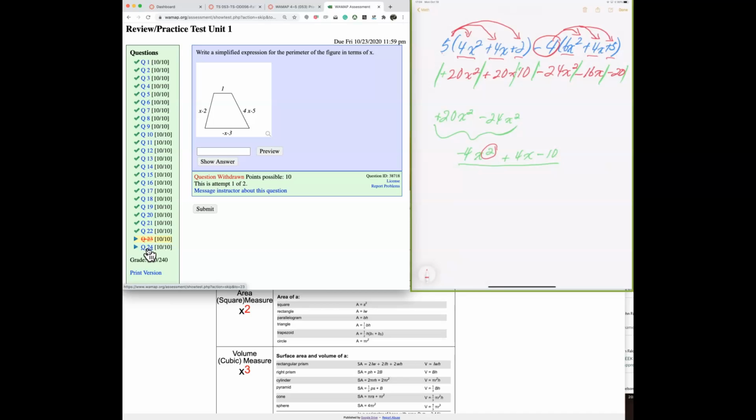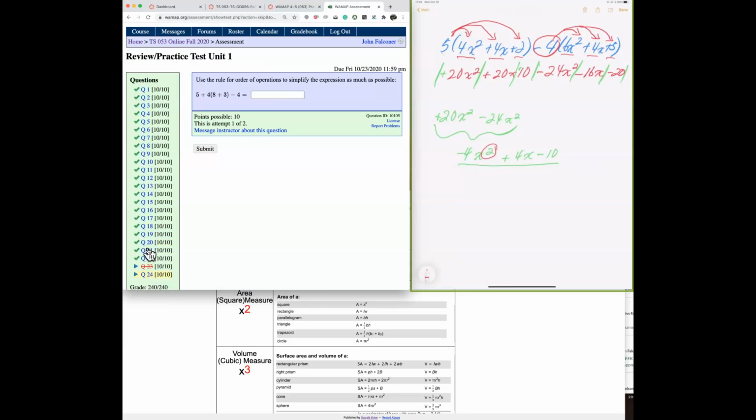But yeah, last one. This is an order of operations problem. All right, let's do it. 5 plus 4 times 8 plus 3 minus 4. All right, so PEMDAS, right? Parentheses.